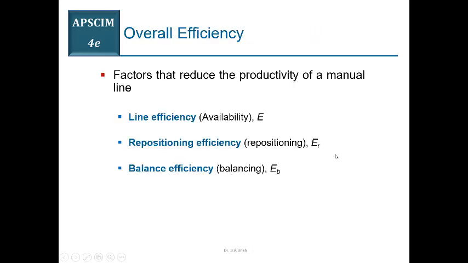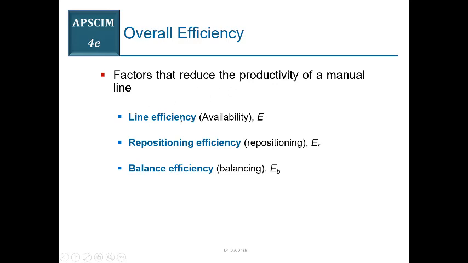So overall efficiency of the labor. जो factors हैं which reduce the productivity of the labor, जो manual assembly line होगी.